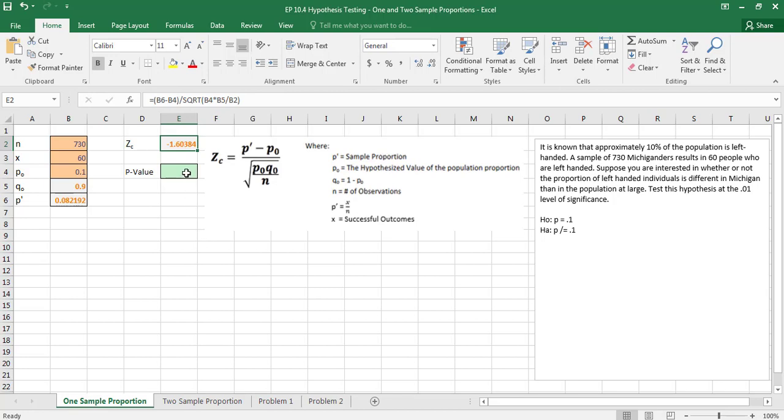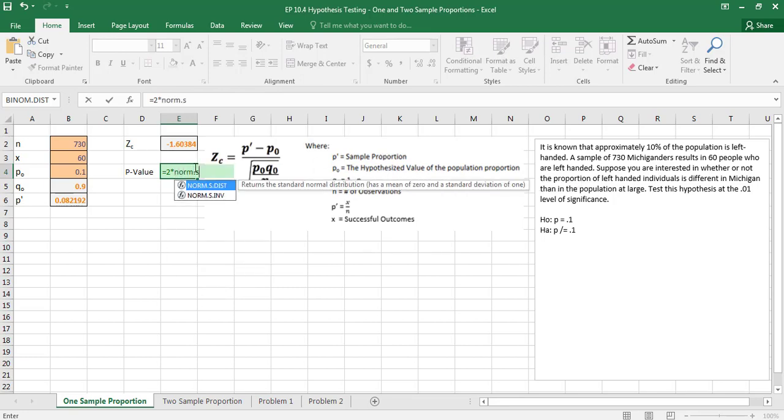Alright, from there we can calculate our p-value, which when you have a two-tailed test with equal to and not equal to, if your z-score is negative, then you have to take equals 2 times the left tail probability. So 2 times norm.s.dist, that's the formula that gives us left tail probability.